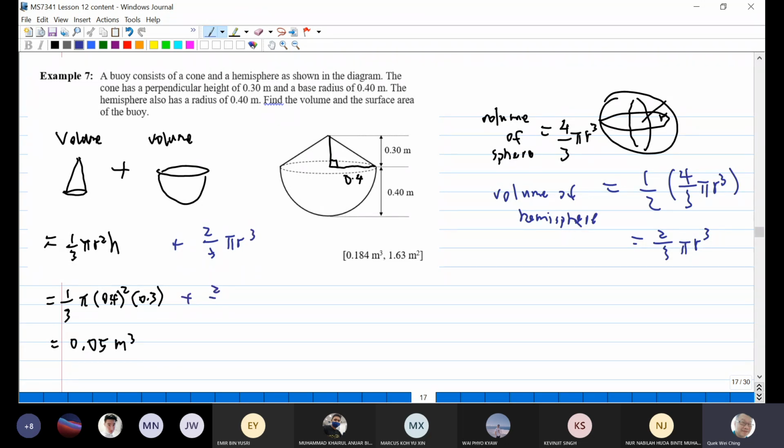So we get 2/3 pi r cube. r is 0.4 again. So we multiply them out, pi r cube here.